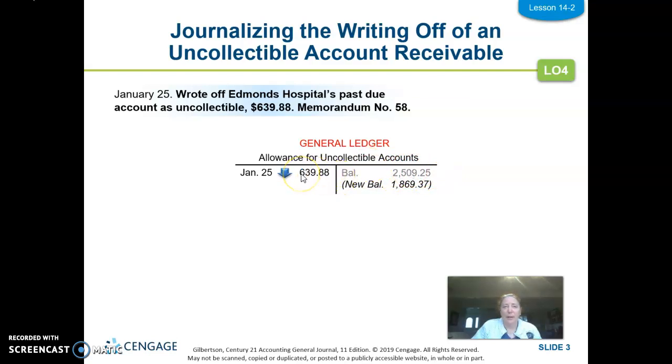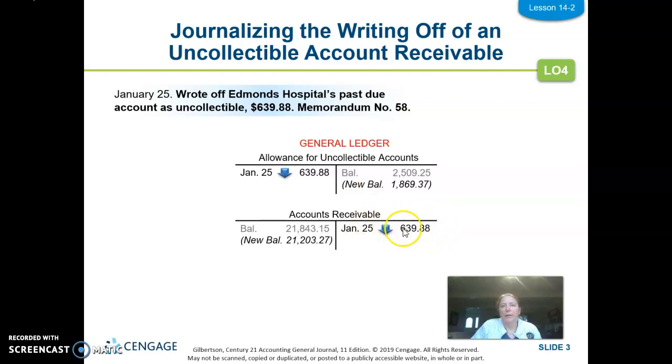And now we are estimating that one of the accounts that actually is uncollectible is Edmonds. So we're going to credit accounts receivable for that amount to get rid of the receivable, and we're going to debit the allowance because it's part of what we estimated theoretically. Then we'll get a new balance of $1869 and a new balance of $21,203.